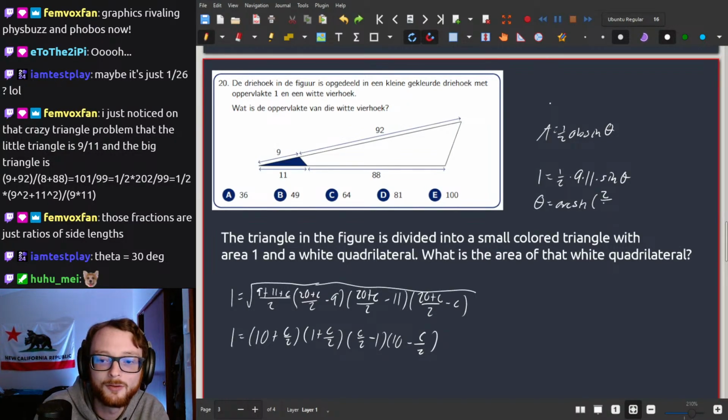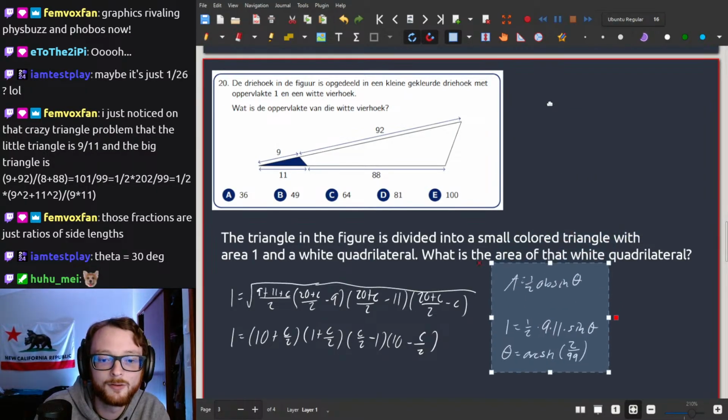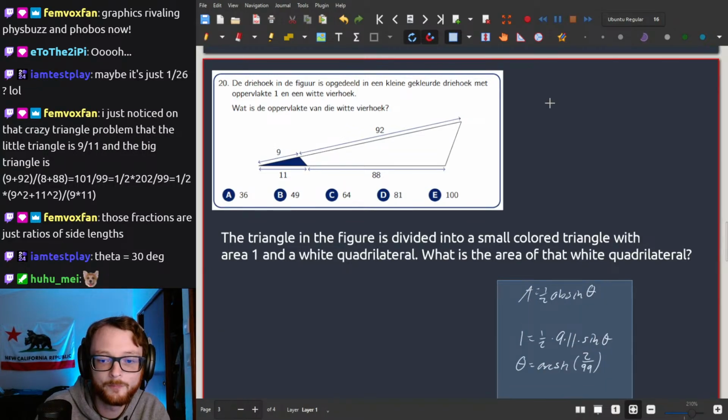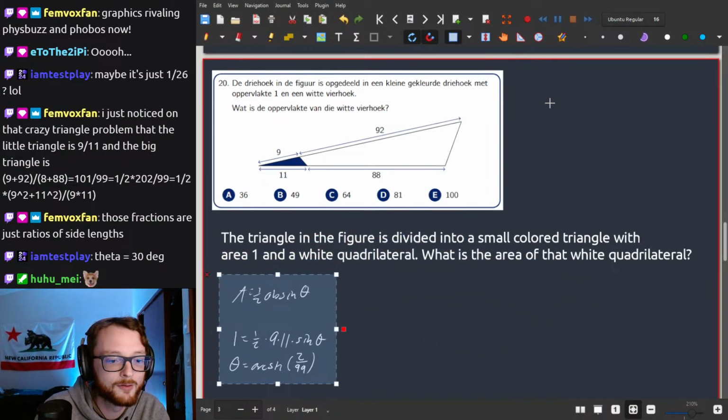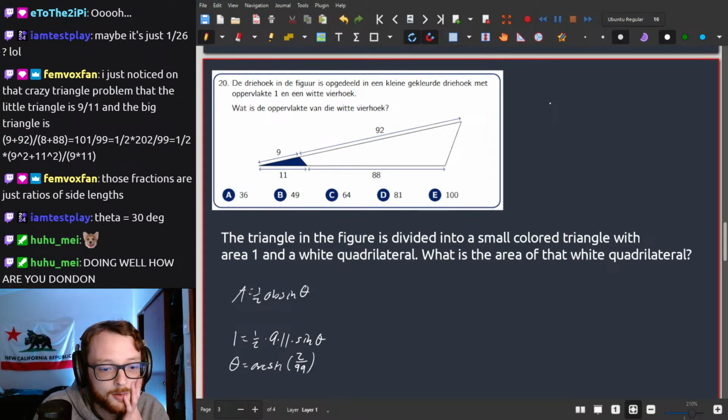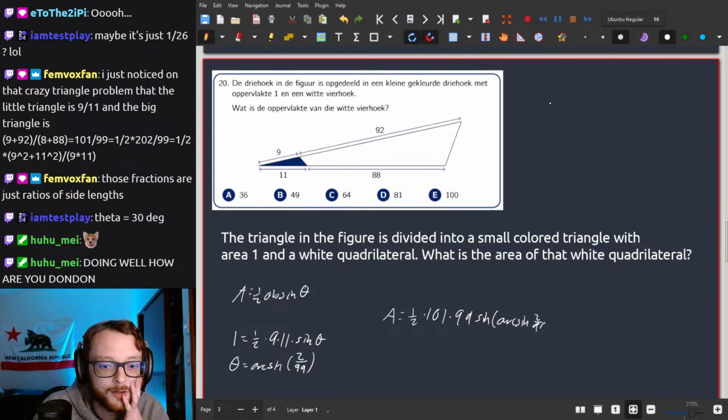2/99. Get rid of Heron's formula. That was no good. And then if we use the same formula on the big triangle, 1/2, 101, 99, sine, arc sine, 2/99.